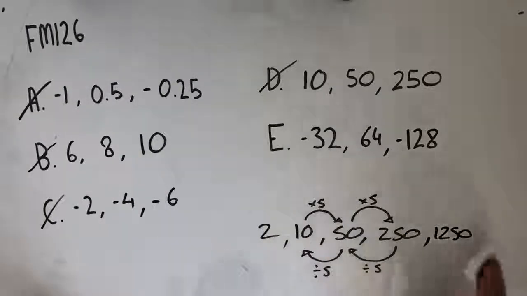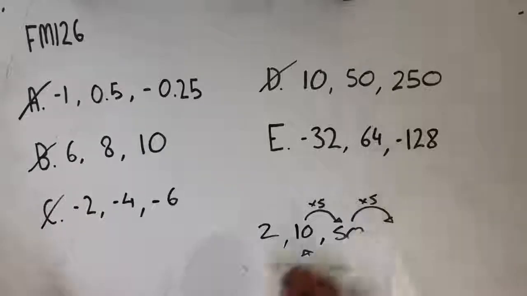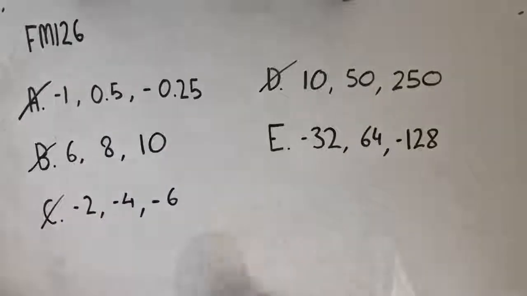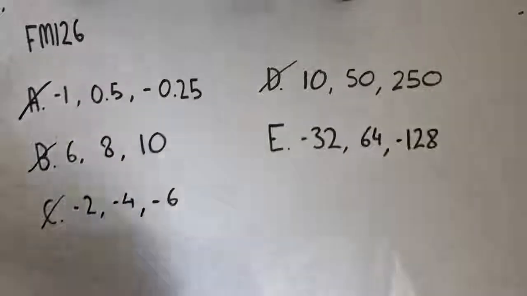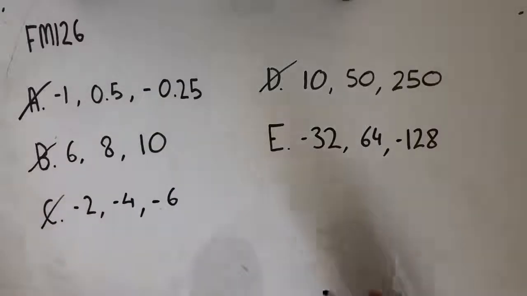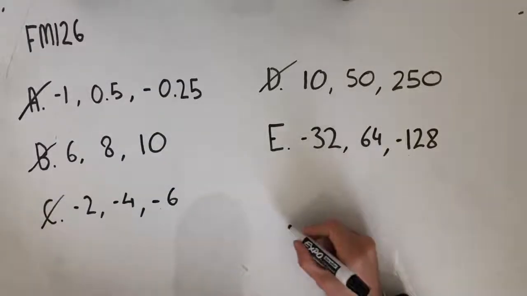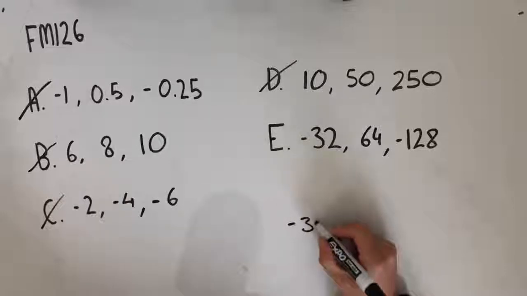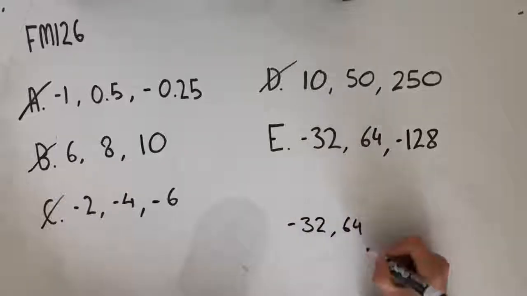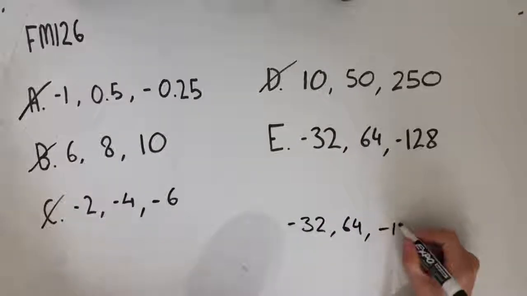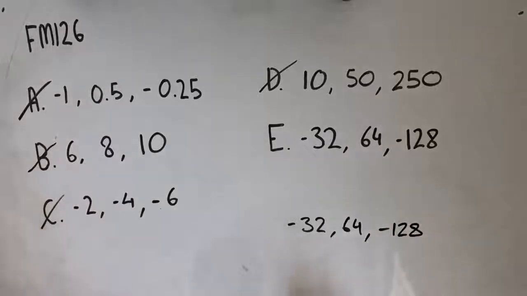So far we're tipping pretty heavily that we're not going to end up with 2 in sequence E, but we do want to double check that and make sure. So we have a bit of a complicated one here. Negative 32, 64, and negative 128.